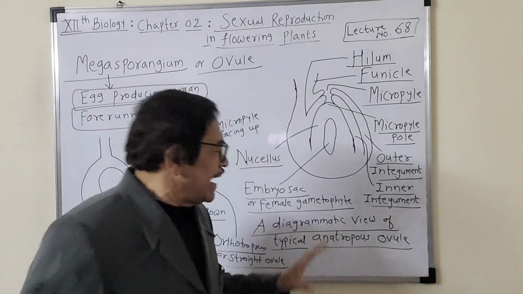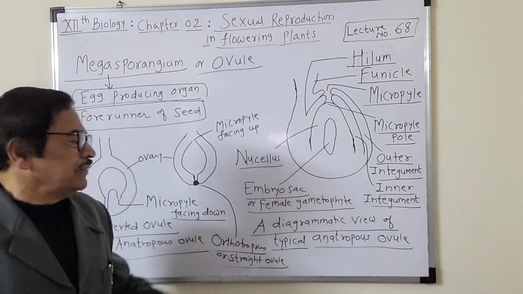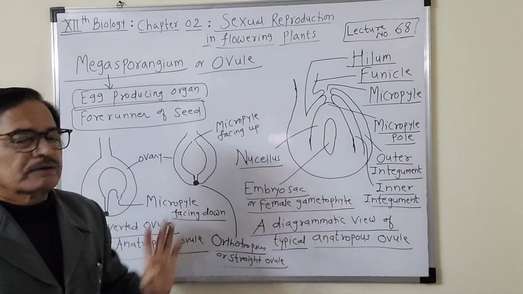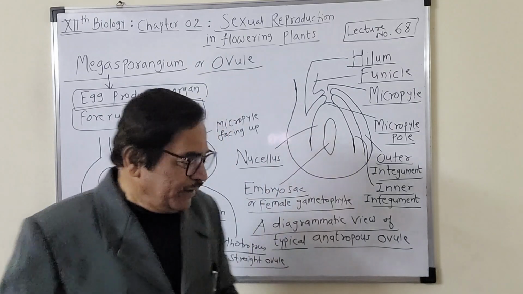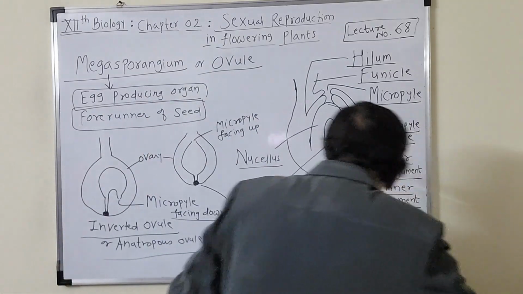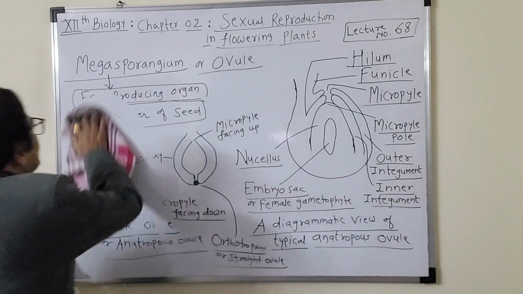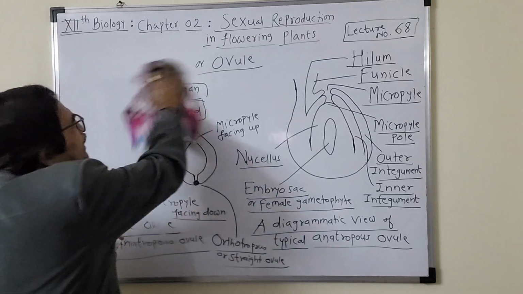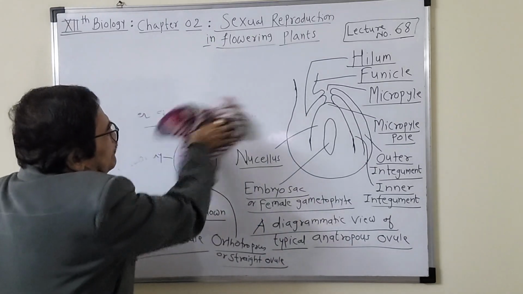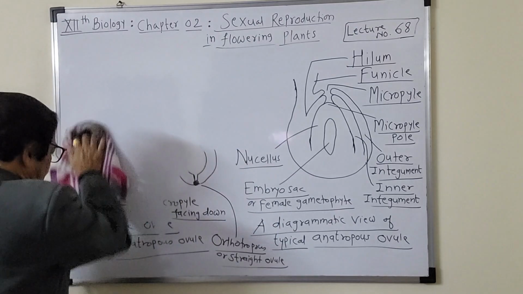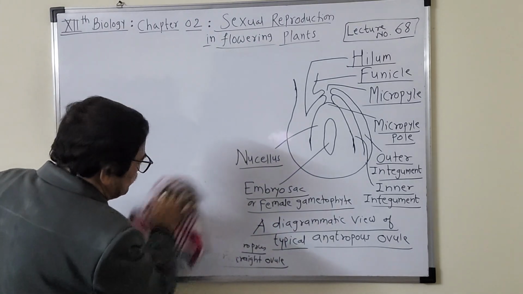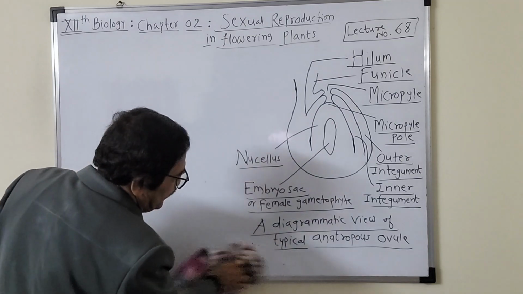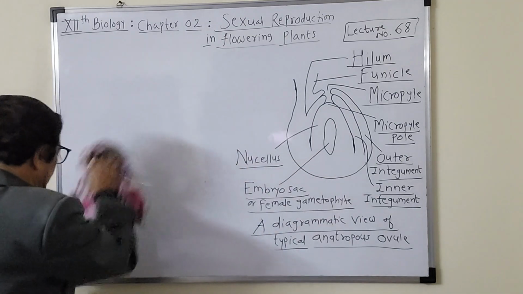Now, the diagrammatic view of this anatropous ovule is shown here. उसके कुछ points जो हैं वो अच्छी तरह से हमें याद रखना चाहिए, because MCQs can be asked on that. We should know those points very clearly. First of all, about the stalk of the ovule. I am confident you are getting these points clearly.